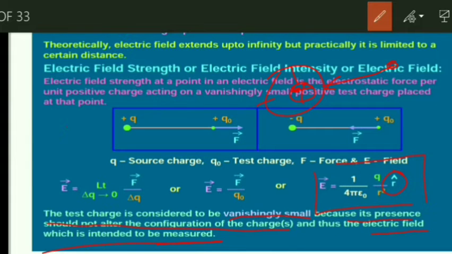Friends, suppose that if this positive charge we use is high as compared to this charge, then obviously it will create its field around itself, since we have to check this field of given charge. So in this case, this will not give the proper measurement of the electric field of this charge.